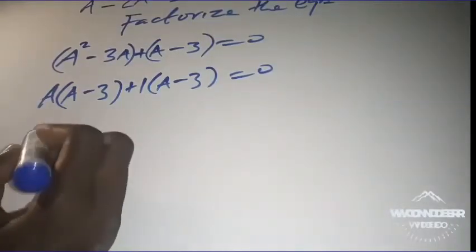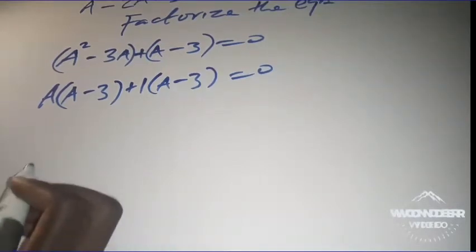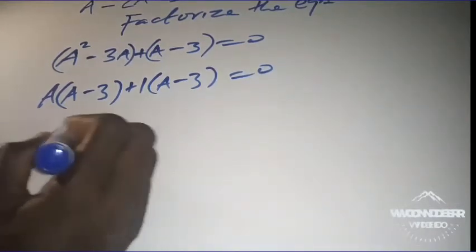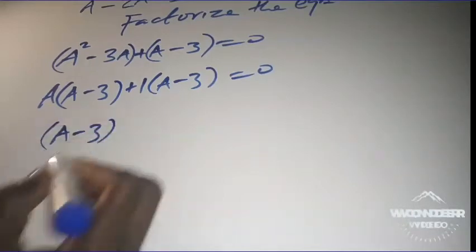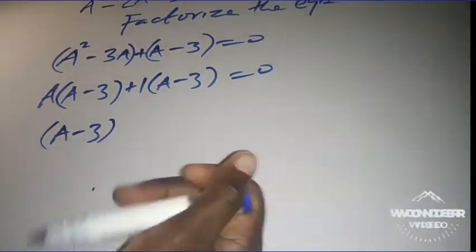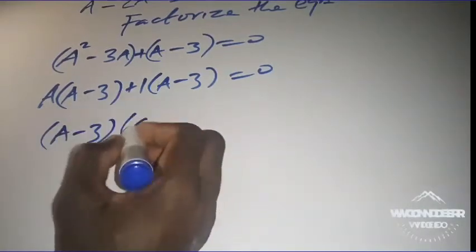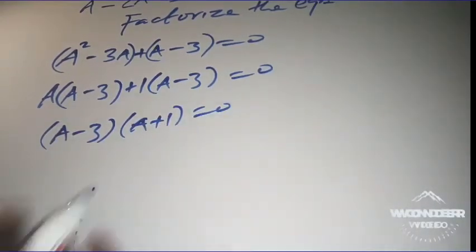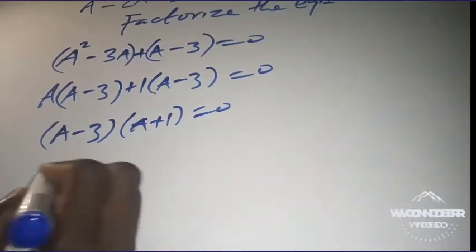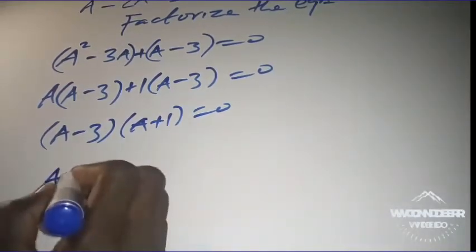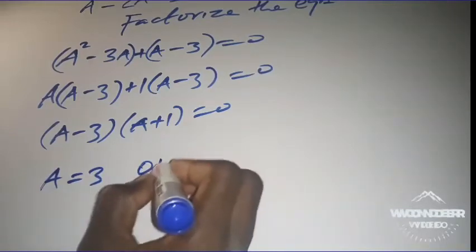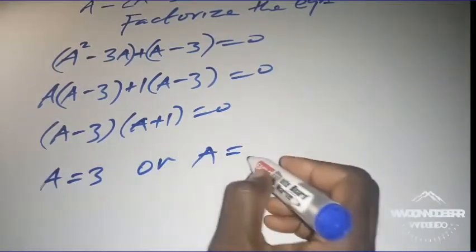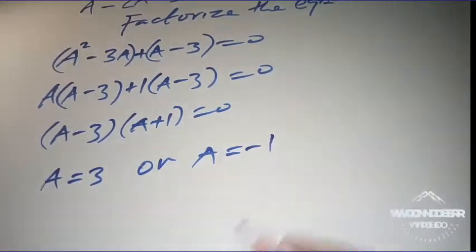So we now have two linear factors. The first one is a minus 3 equals 0, and the second one is a plus 1 equals 0. So it is clear that a is equal to 3 or a is equal to negative 1.